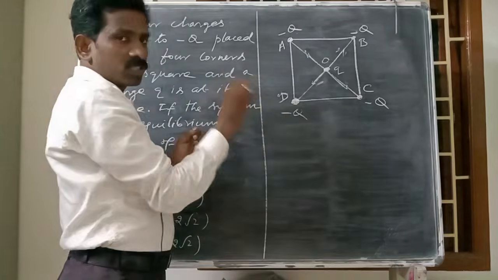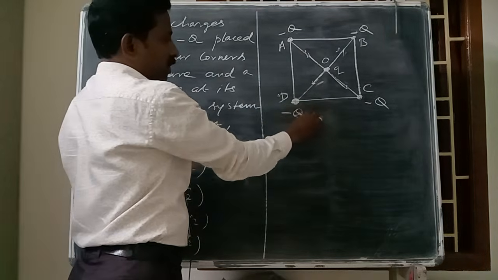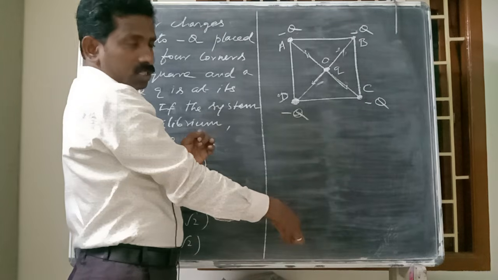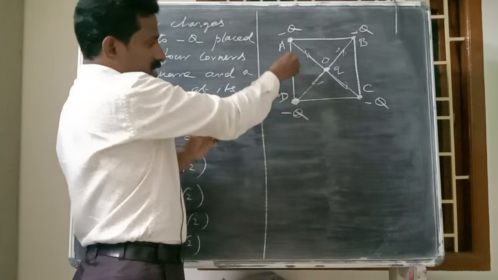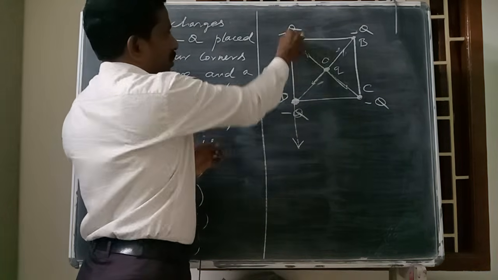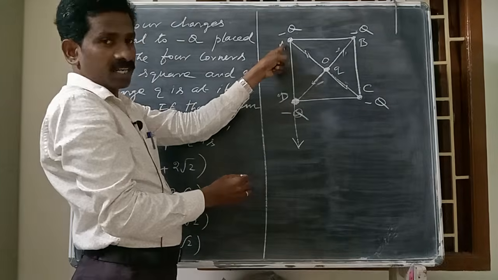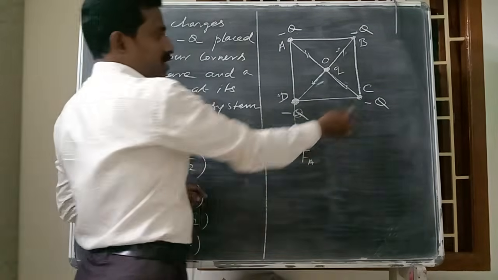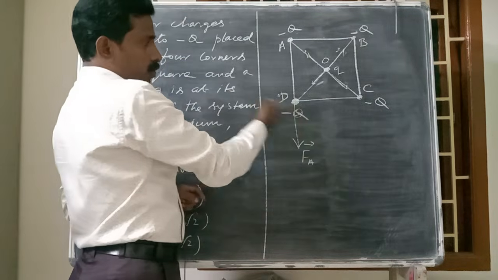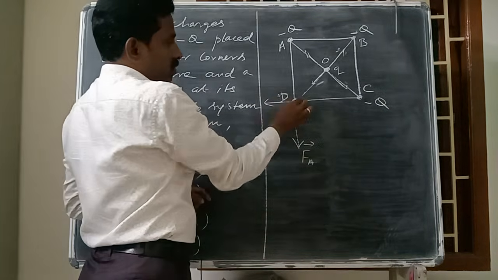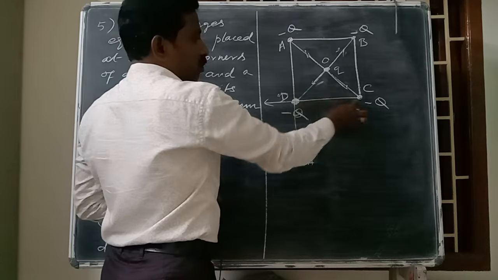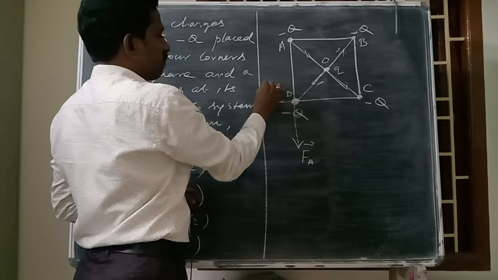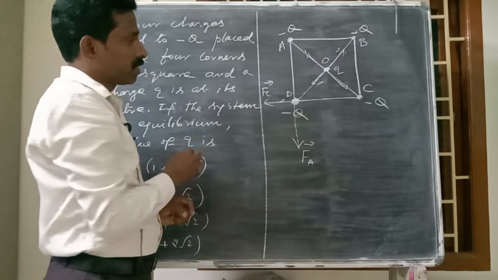Okay, how many forces are acting on this minus q? This minus q will push this charge in this direction. So that force due to the charge placed at A is FA vector. Similarly, this minus q will push this minus q, so this force will be the force due to the charge placed at C, FC vector.